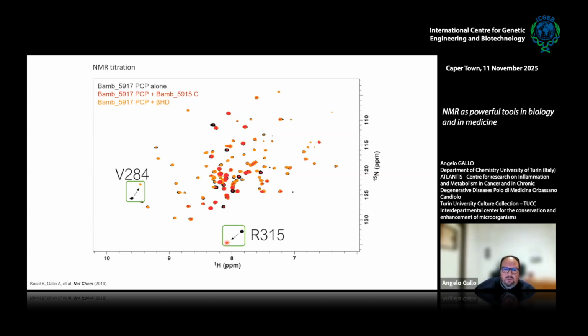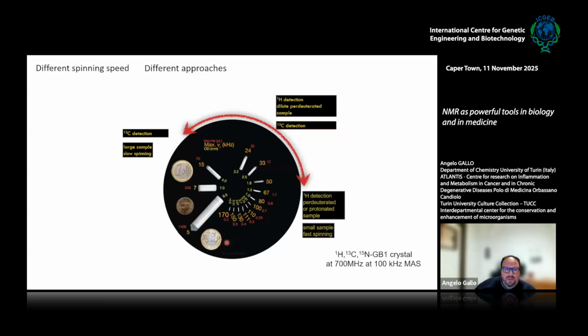So this is why, while I was in the UK, we approached solid state NMR, mostly carbon, nitrogen, and proton acquisition. Why solid state though? Basically, we can exploit different spinning speeds. This means different approaches. Usually for very large systems and large sample available, at slow spinning, we use carbon detection.